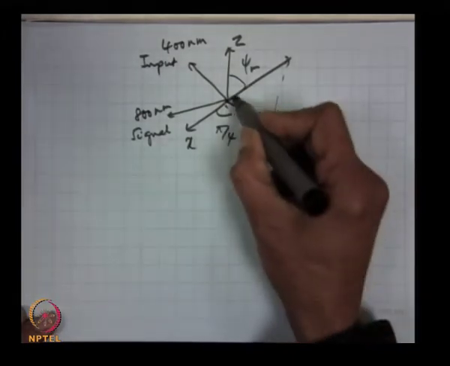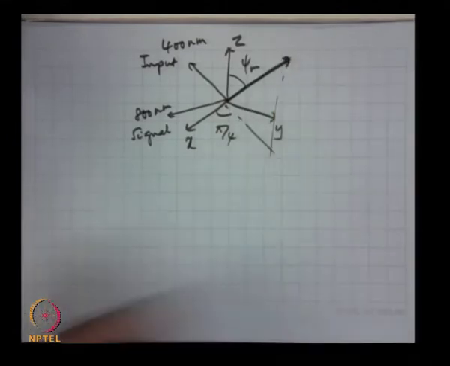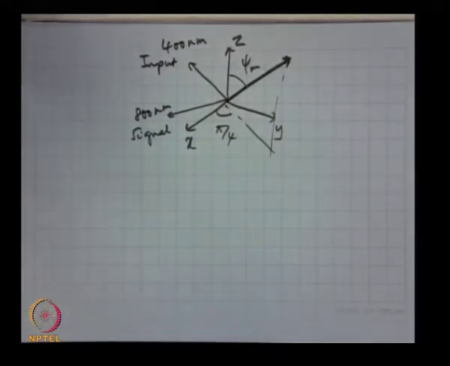So along this direction when they propagate, the 800 nanometer signal will get amplified or attenuated depending on the phase difference. Phi 2 minus 2 phi 1, if it is minus pi by 2, I get amplification. If phi 2 minus 2 phi 1 is plus pi by 2, I get attenuation of the signal.